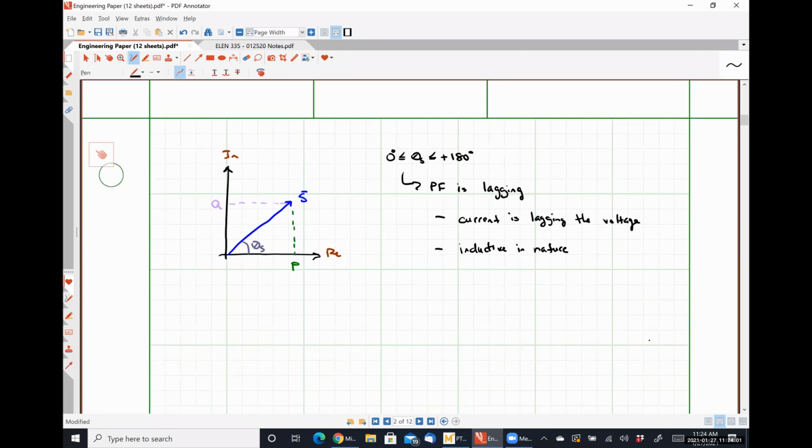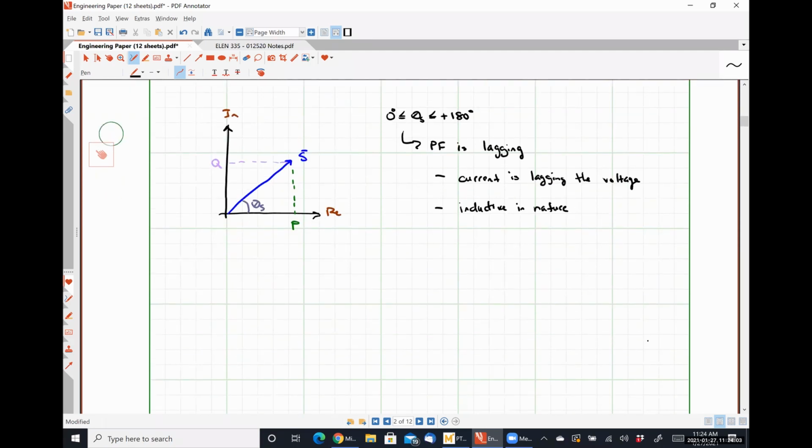So let's take a look at what's happening. If we have a resistance in series with an inductance, the equivalent impedance, ZEQ, is R plus j omega L, right?